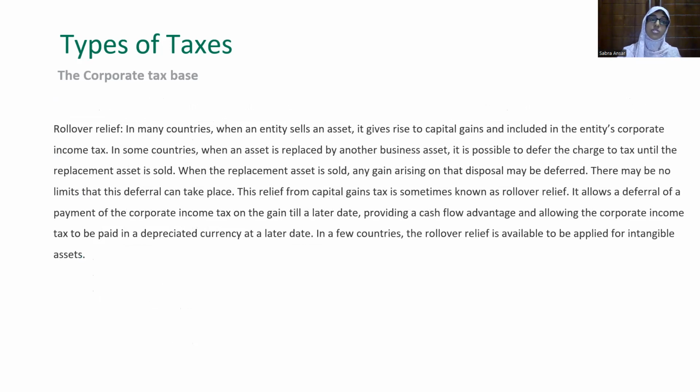In many countries, when an entity sells an asset, it gives rise to something called capital gain, which is included in the entity's corporate income taxation, because capital gain means that the person who buys it gains something extra from that particular asset, such as land or machinery.